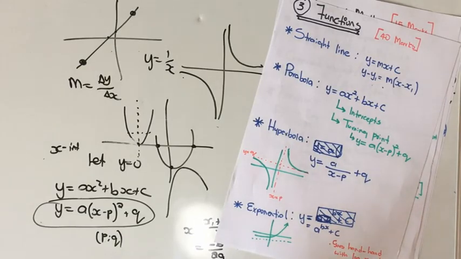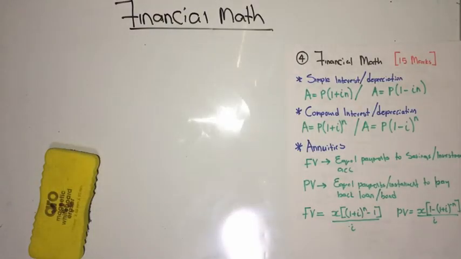Alright, so our next chapter is financial mathematics. This accounts for about 15 marks in your exam. This basically consists of, I would say, 3 things. We have the simple interest or simple depreciation.